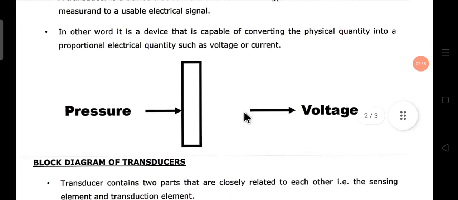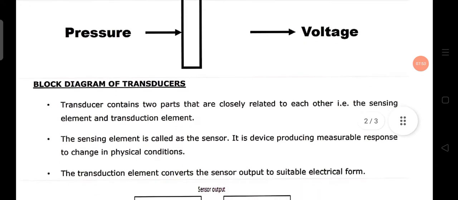Let's say this is a transducer. Here a pressure is applied to the transducer, and on getting that pressure, the transducer converts the pressure force to an electrical or voltage signal.